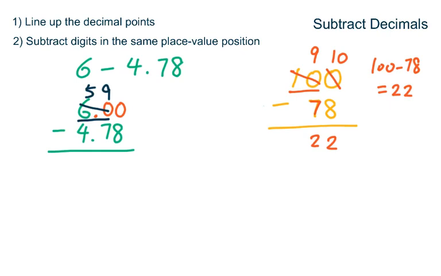So since I borrow a 1, I can cross out this 0 and I'm going to write 10. 10 minus 8 is 2. And if you look at the tens place, 9 minus 7 gives you 2. And then on the ones place, you have 5 minus 4, which is 1. And also don't forget to copy down the decimal point. So the answer of this problem is 1.22.